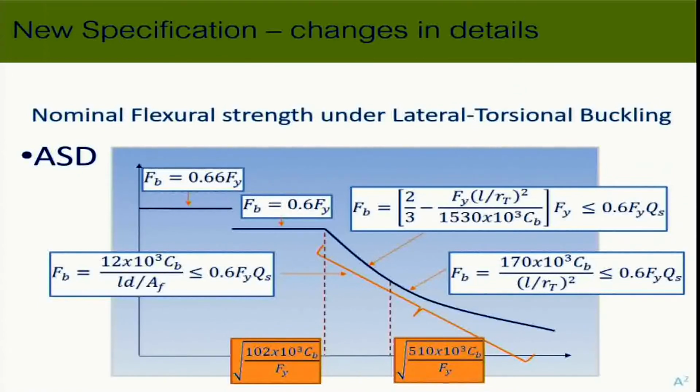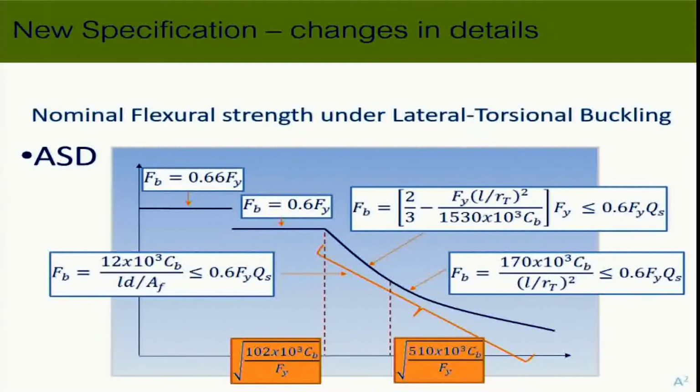Okay, and this, ladies and gentlemen, because I was taught ASD 89, but they never showed us this, right? This is the idea of ASD 89 on flexural strength of a beam. Generally, if the unbraced length is less than this, you get the allowable stress equal to 0.66 Fy. You know where it comes from? Right?